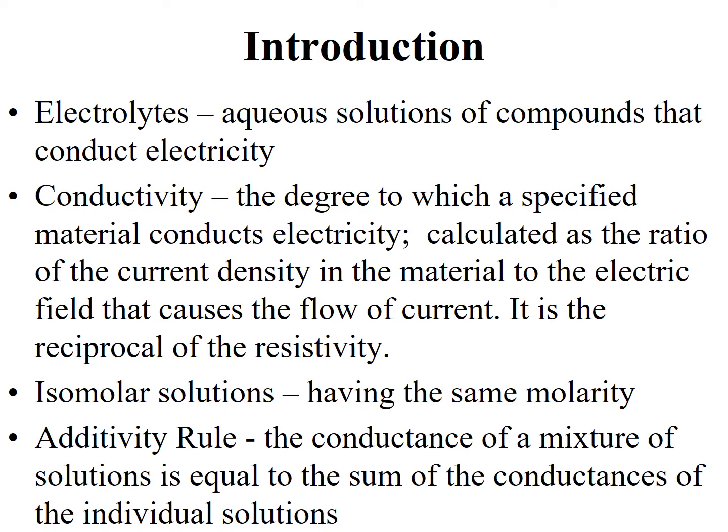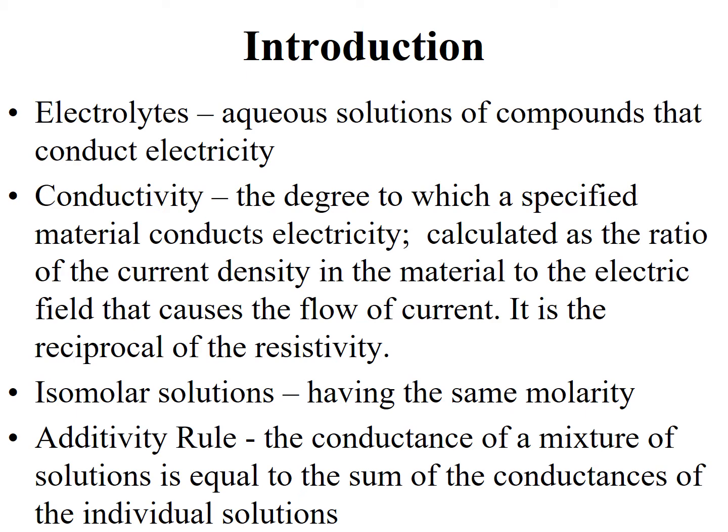We don't expect ionic compounds in the form of salts to have the same conductivity even though they are isomolar solutions. They do not have the same conductance because of the different charges of the ions and their different mobilities in solution. In fact, we cannot say conductivity is simply dependent on concentration, because you have to take into consideration the mobility and the charges of the ions that dissolve in the solution.